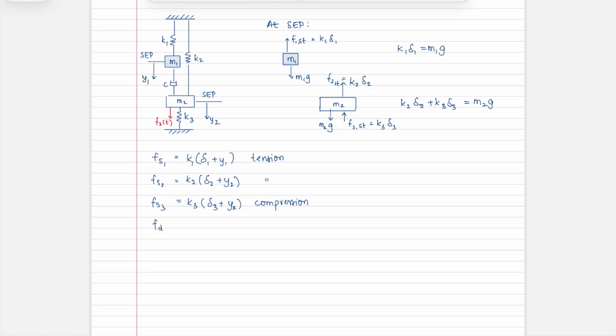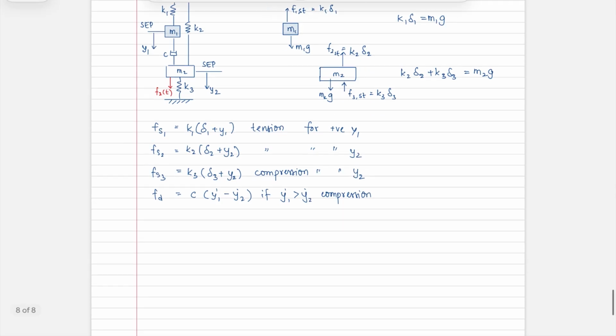And then you have Fd being equal to, if you have y1 dot greater than y2 dot, then you will have y1 dot minus y2 dot. So this velocity is more than this velocity, so this would be in compression. Okay, I guess we can write this for positive y1, for positive y2.